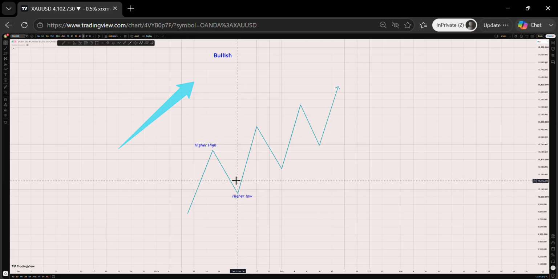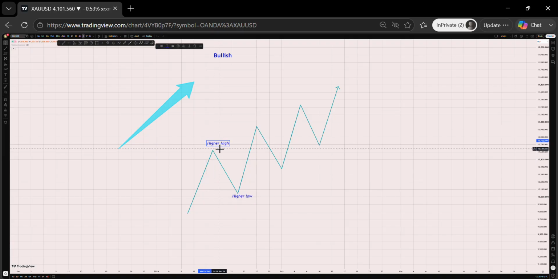After the price had taken a breather and was ready to continue, this impulsive move came all the way to the upside, and it came to an even higher region. We call it a higher region because it's higher than the previous region which was formed over here. Okay, and so we'll also label this new higher region and call it a higher high.